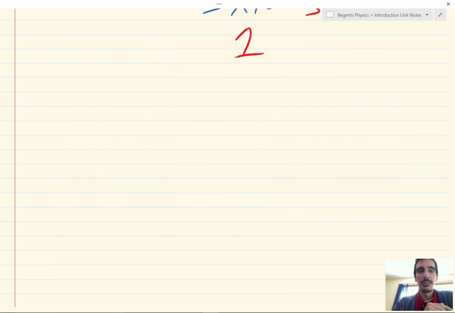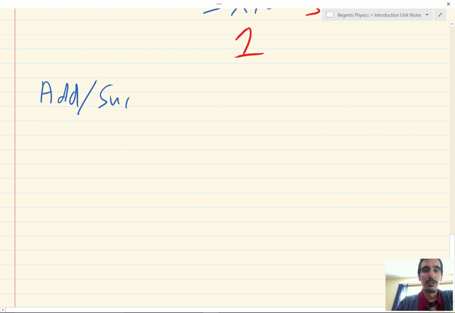Okay, the last thing we're going to do is learn how to add and subtract sig figs, as well as multiply and divide. We'll do adding and subtracting first.